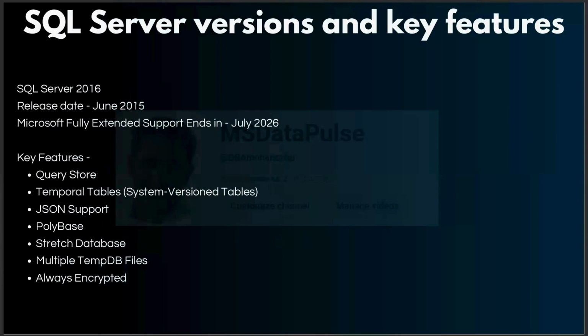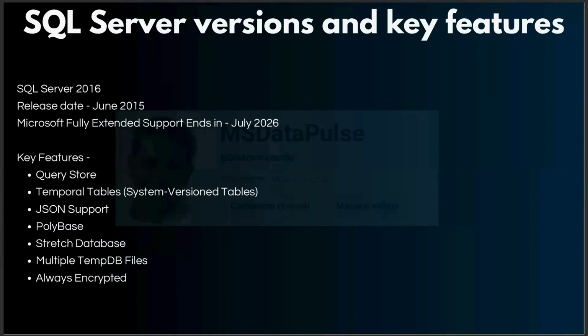Next is SQL Server 2016. SQL Server 2016 was released in June 2016. It was built on previous releases with a strong emphasis on security, performance, cloud integration, and analytics. It introduced advanced capabilities for handling big data, machine learning, and hybrid cloud scenarios while enhancing tools like Integration Services and Reporting Services.